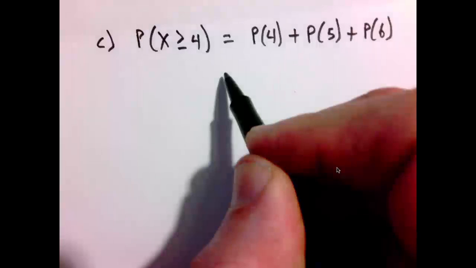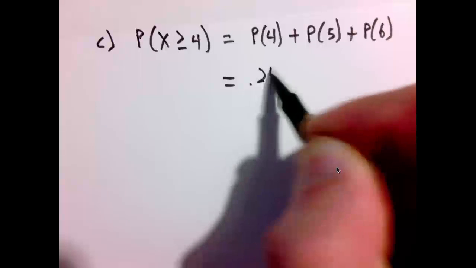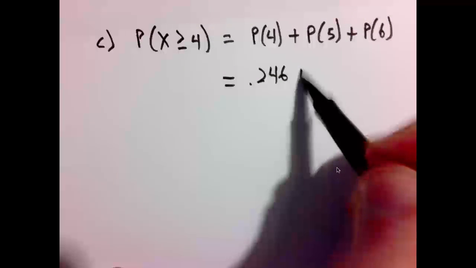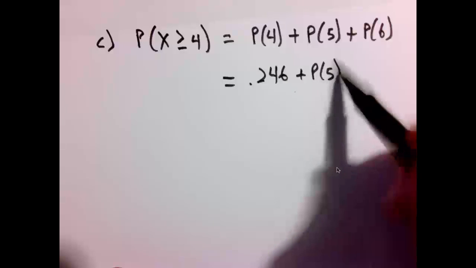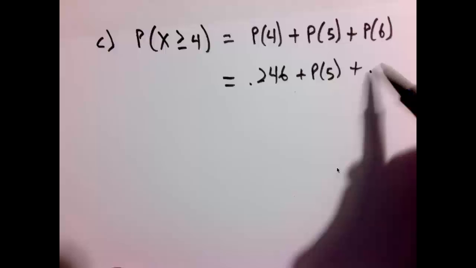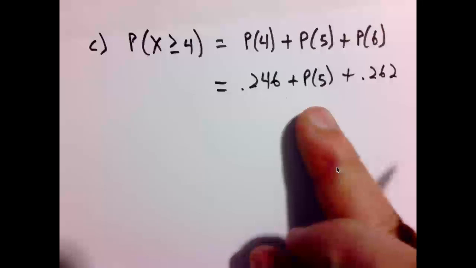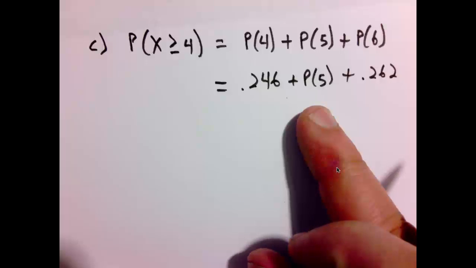The probability for 4 was 0.246. We don't yet know the probability of 5. The probability of 6, we calculated that. That was 0.262. So we only are left with this probability that we get precisely 5.